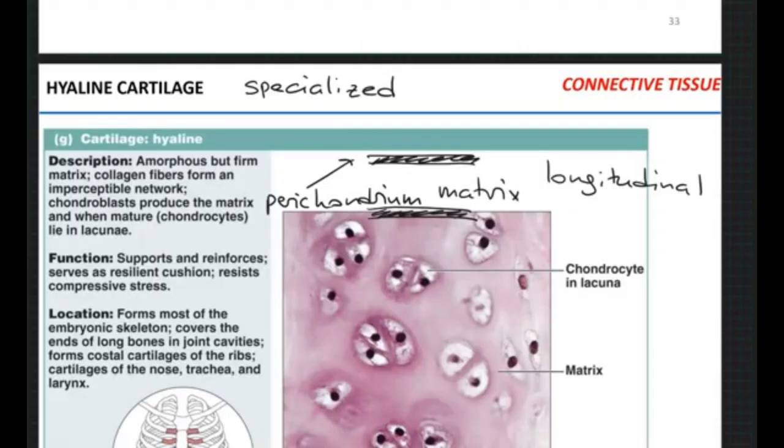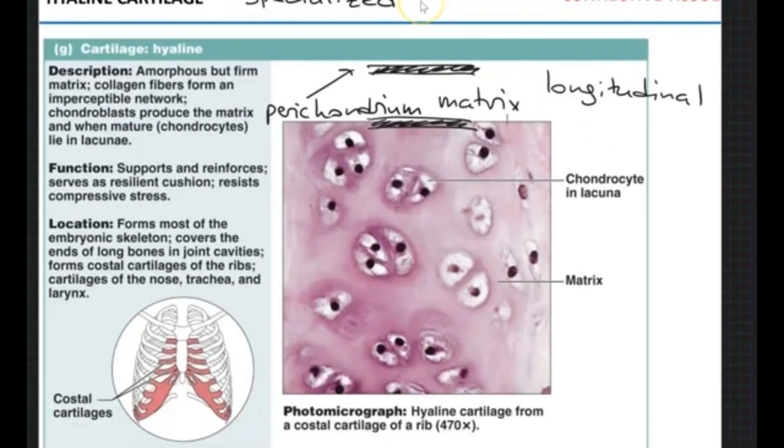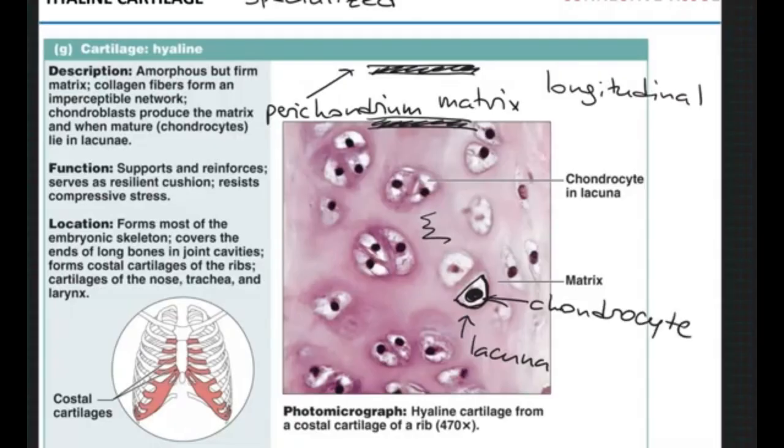Okay? What you see on the image here, you see matrix, and then do you see this white stuff? This is lacuna. Do you see that dot? This is a chondrocyte. The cell of the cartilage.